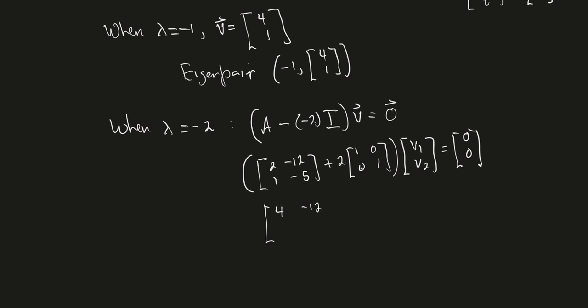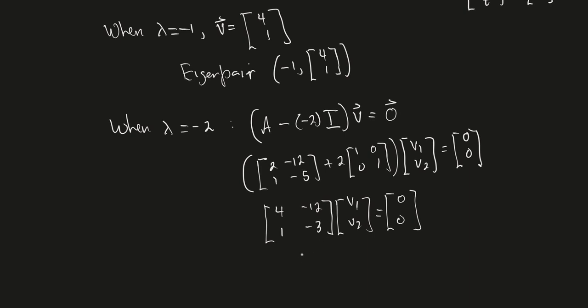And then 1 plus 0 is 1, and then negative 5 plus 2, that's negative 3. And our column v1, v2, and then 0, 0. Right?